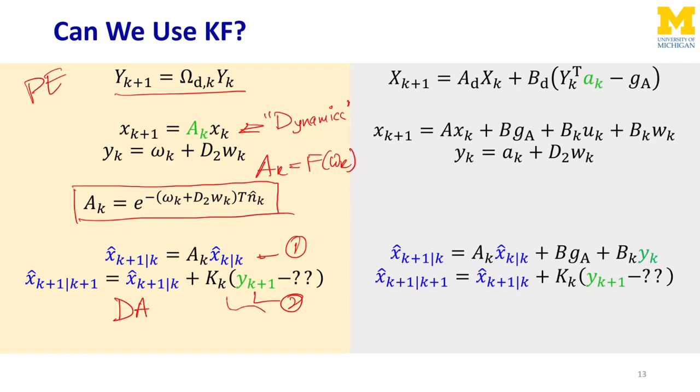Now, we need the output error. So output y_{k+1} does not depend on the state. It's only the input. Now, if this is the input, this is what we measured, what is going to be the corresponding output in our estimator? Well, that's going to depend on the prior state estimate. But in this case, the measurement does not depend on the state at all.